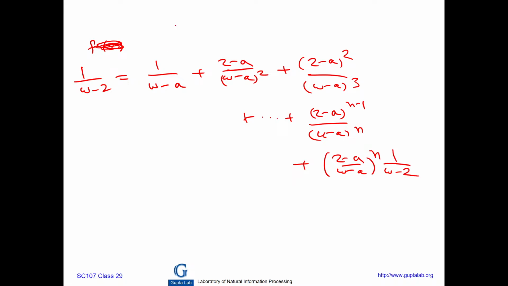Here I am multiplying both sides by f of w, using equation 1, and integrating.